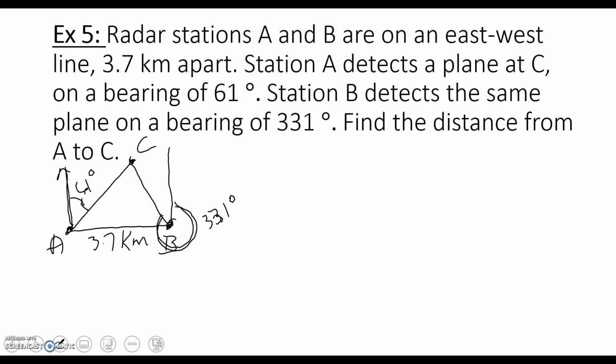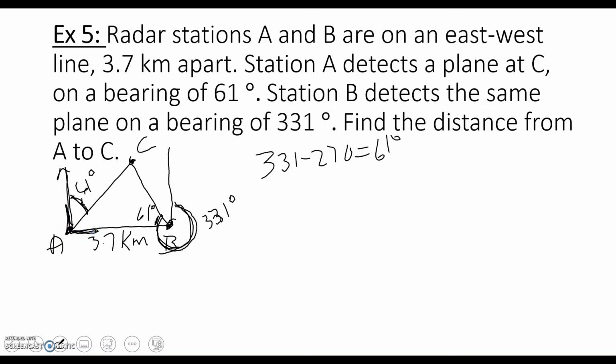Now, since this is 331, we know from here to here is 270. So if I want to find this inside angle, it will be 331 minus 270, which is equal to 61 degrees. So that means this inside angle here is 61 degrees. Now that's important because since this is 61 and this is the north and the east line, that forms a 90-degree angle.